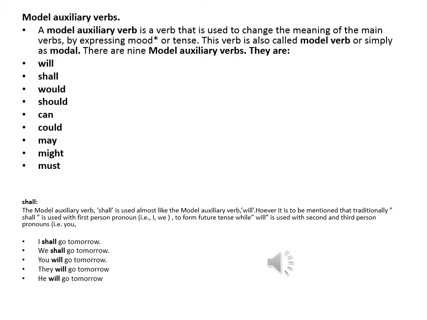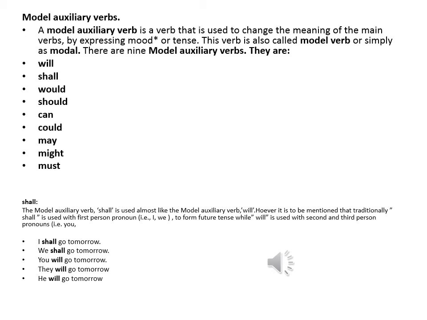Now I thought of giving you an explanation of how to use the modal auxiliary verb shall. We mainly use shall with the first person pronouns such as I or we, and for the future tense. We can say, we shall go to a movie, or we shall go to a concert, and so on.